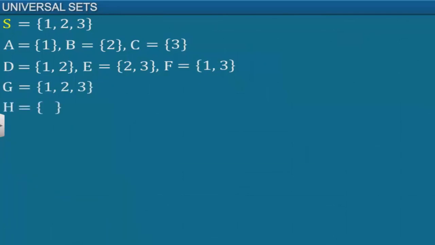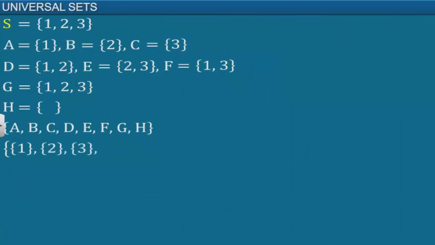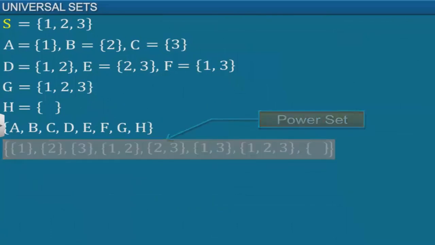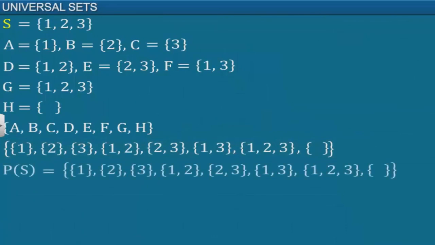We form a set with the newly formed sets as its elements. This set is called the power set of set S. This set is denoted by P of S. The number of elements of this set is 8.